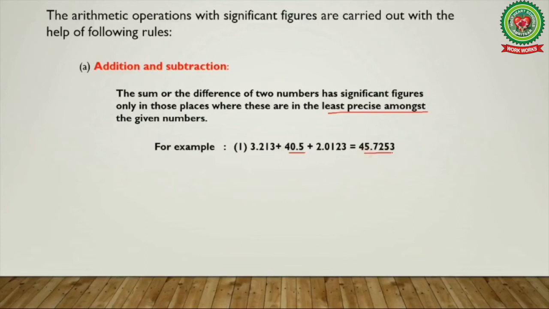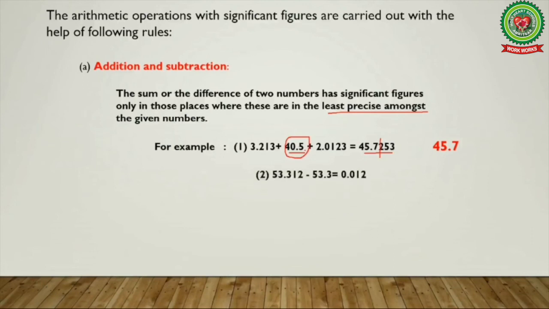Okay, but if you follow the rules of significant figures, the answer will be 45.7 only till this part. Why? Because the number which has the least number of significant figures, or which is the least accurate, is 40.5, and it has the minimum number of digits.